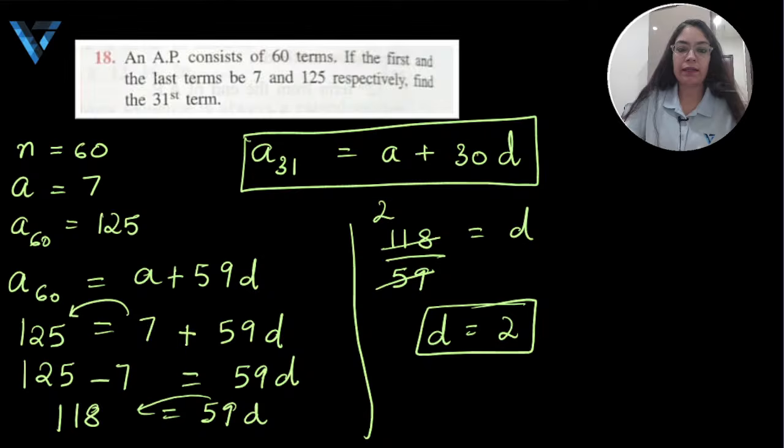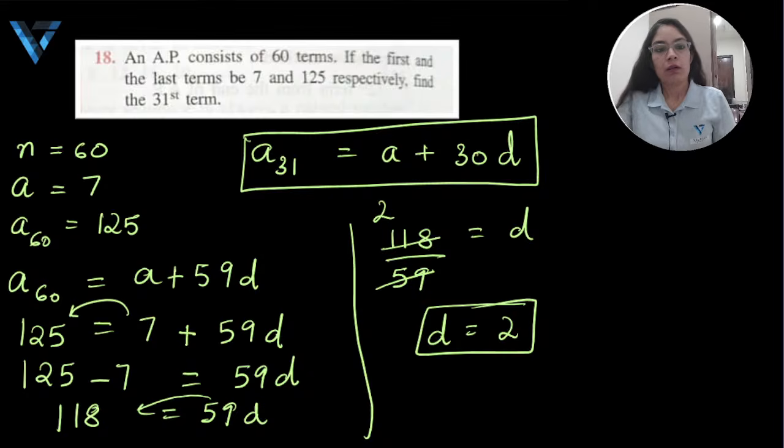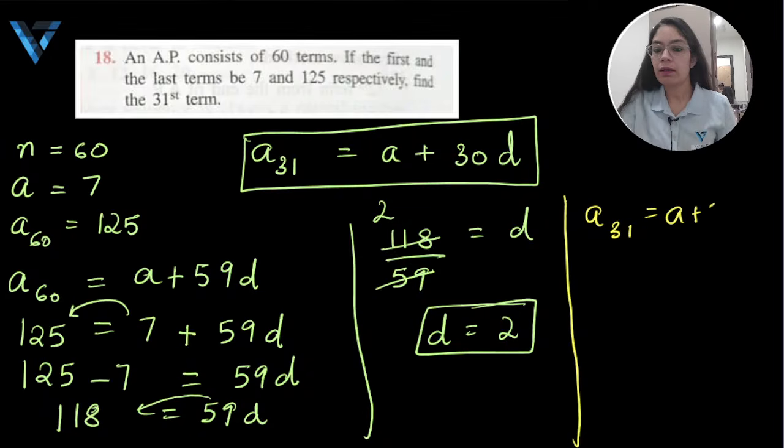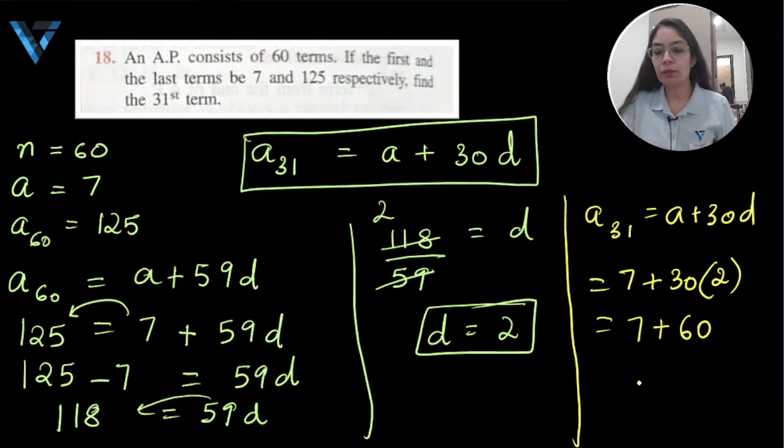Now let's find its 31st term. We got the value of d. So A31 equals a plus 30d. A's value is 7, so 7 plus 30, d's value is 2. So 7 plus 60, 30 into 2 is 60.